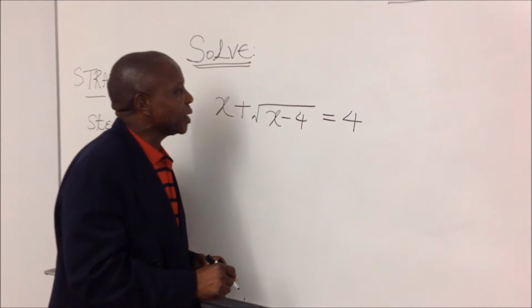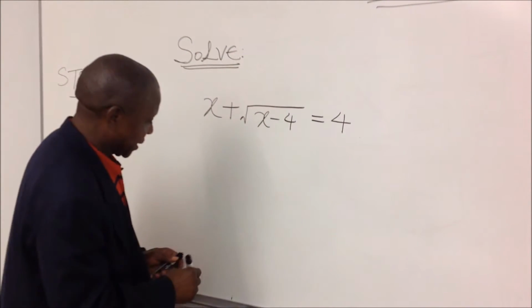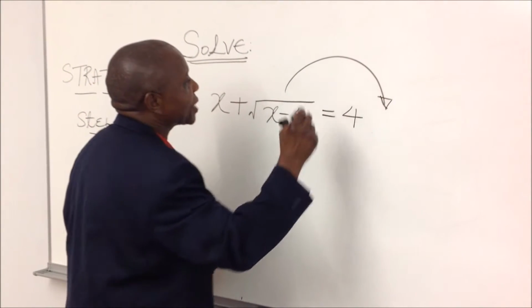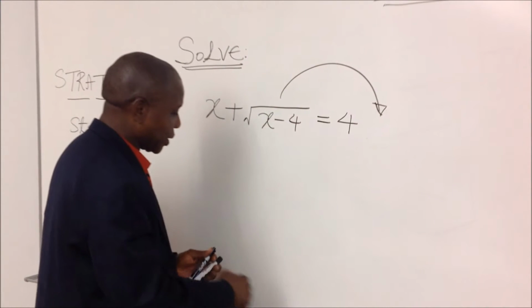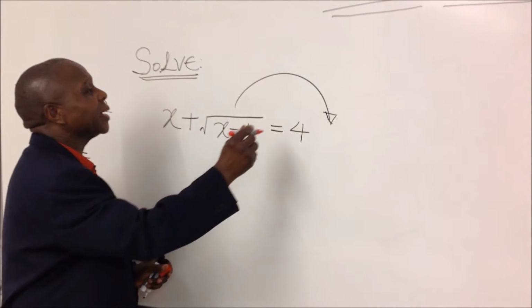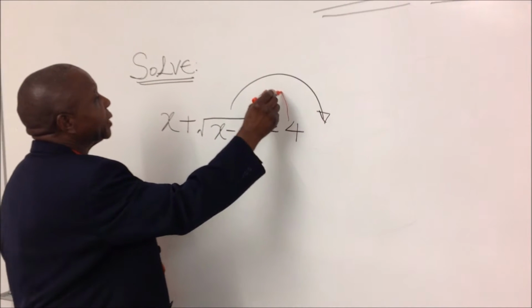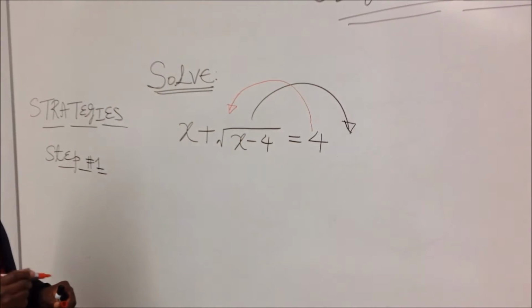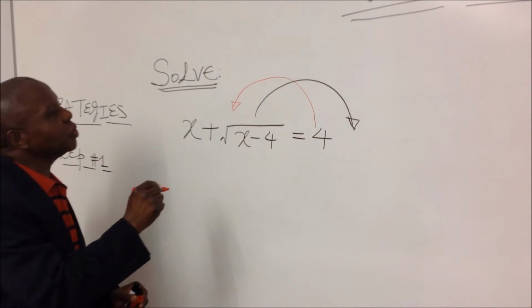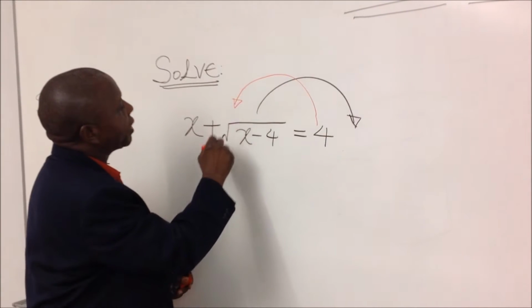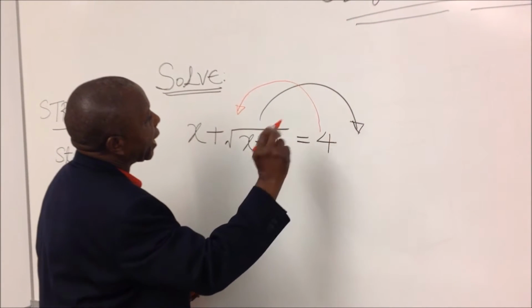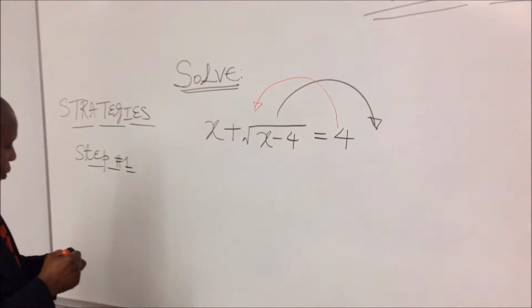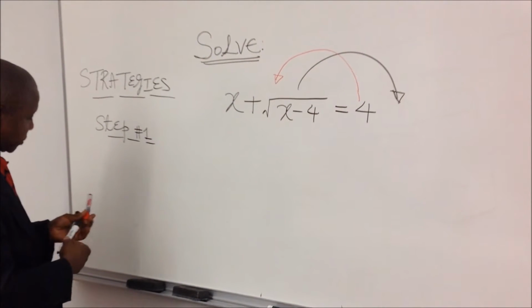Our goal for step number one, of course, is to move the expression involving the radical to the right side of the equation and move the expression involving the number 4 to the left side of the equation. So let us take note of that.